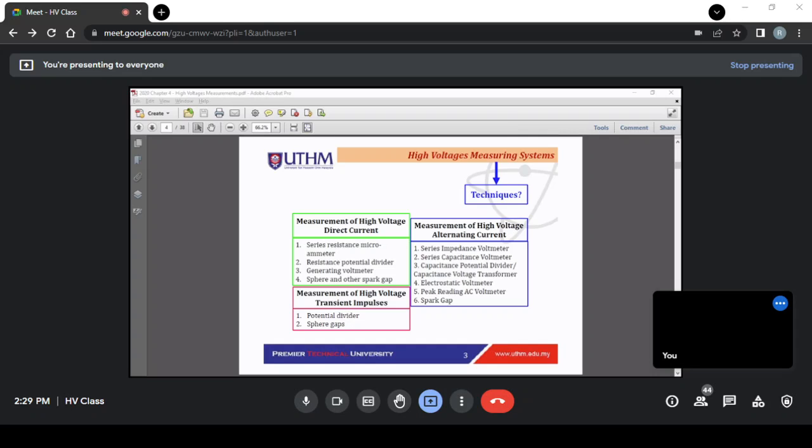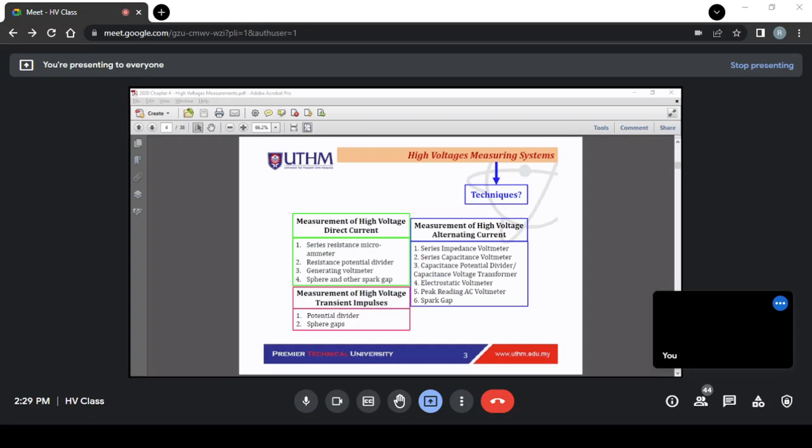Normally about 100 volt. 100 kV will be reduced to 100 volt, so that it becomes measurable by the probe. That is the only way that we can measure the high voltage.